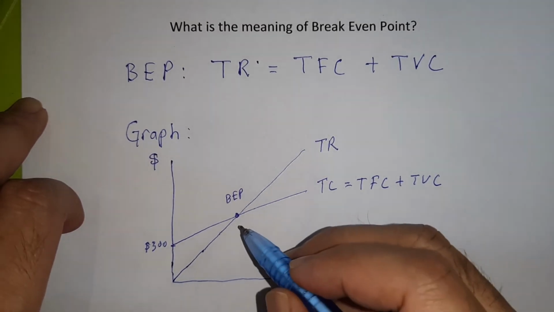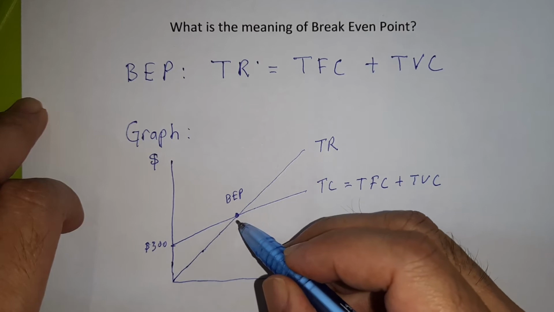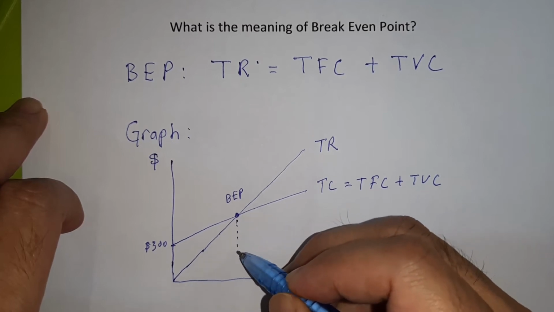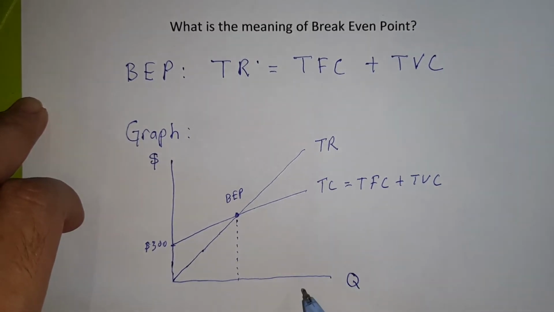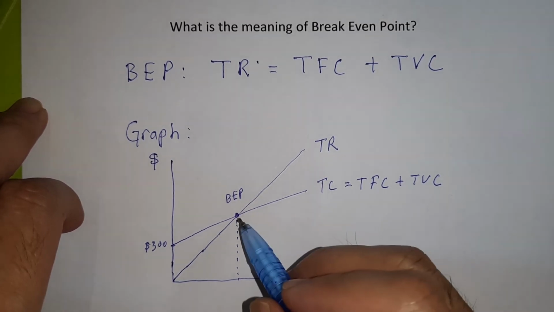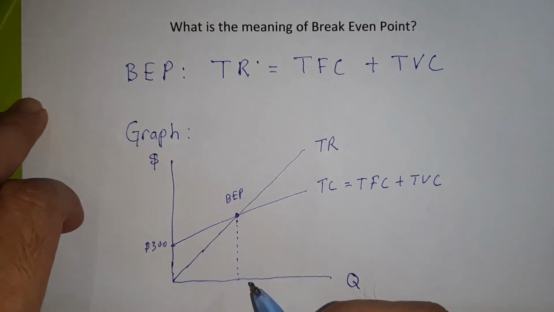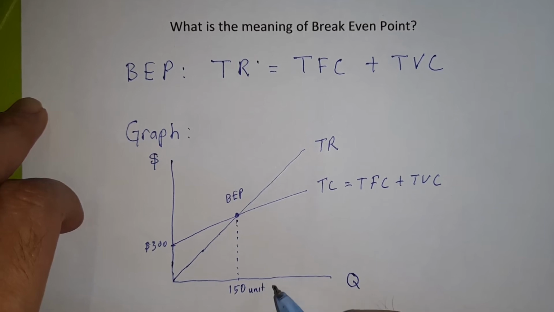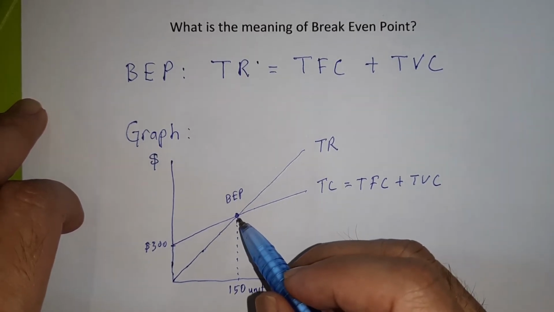Break-even point can be seen in two ways. First, we can see the break-even point in terms of quantity. How many cupcakes does Rose have to sell to achieve this break-even point? If you do the graph properly, you will see that Rose has to sell 150 cupcakes to achieve the break-even point.